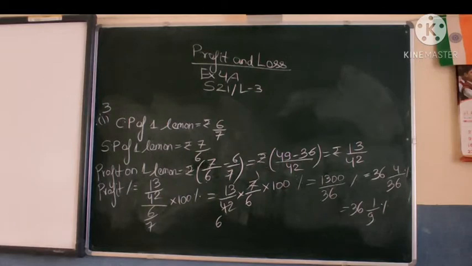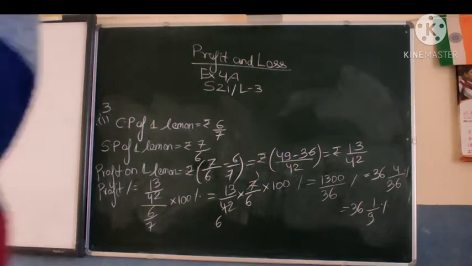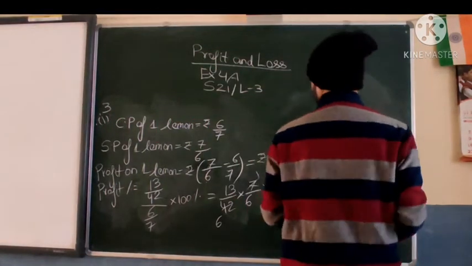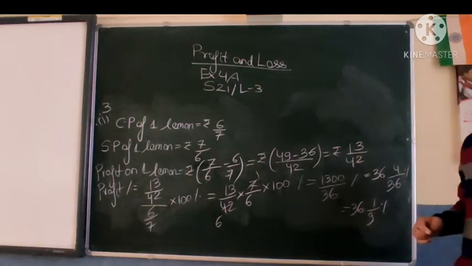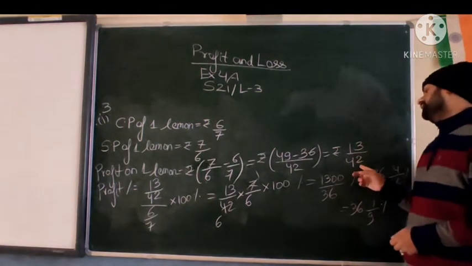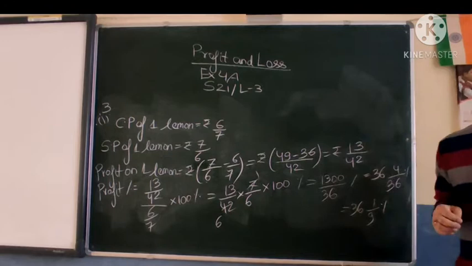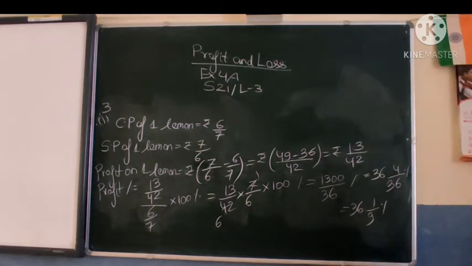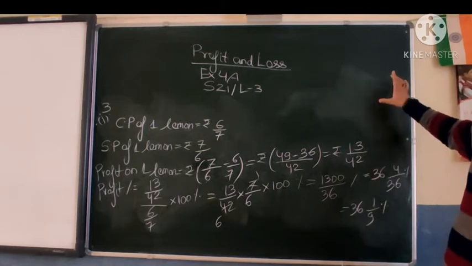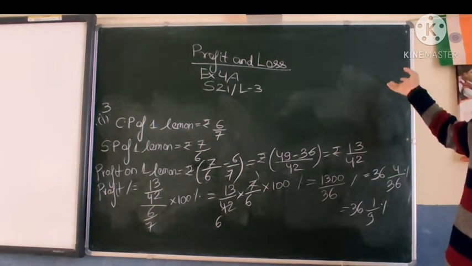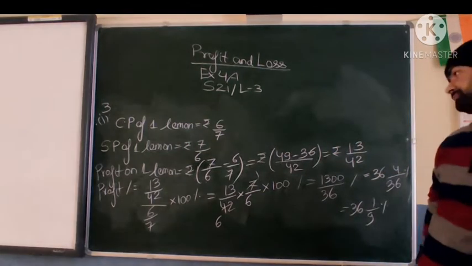So what will that be? Profit on one lemon is how much? 13 by 42. So on one lemon this is the profit. So more profit upon per unit profit, we find out.